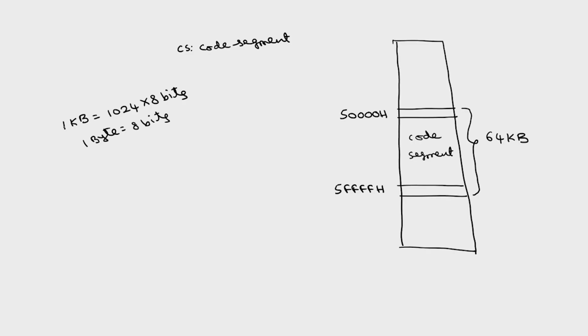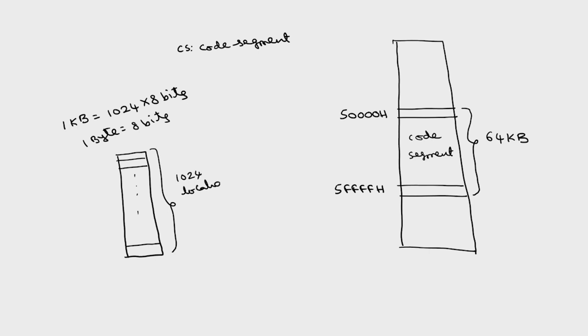The meaning of 1 kilobyte is that we will have 1024 locations, 1, 2, and so on up to 1024. And each location is capable of storing 8 bits of information. So, this can store 8 bits, this can store 8 bits. This is the meaning of 1 kilobyte.